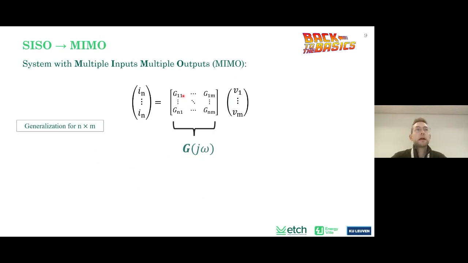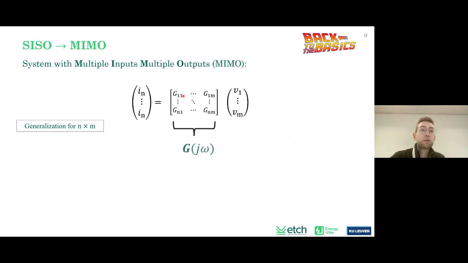A quick hint, the slide before, it was a SISO system. So it was a transfer function. We had one input on the one hand, and one output on the other hand. And we can generalize this for an arbitrary number of inputs and an arbitrary number of outputs.